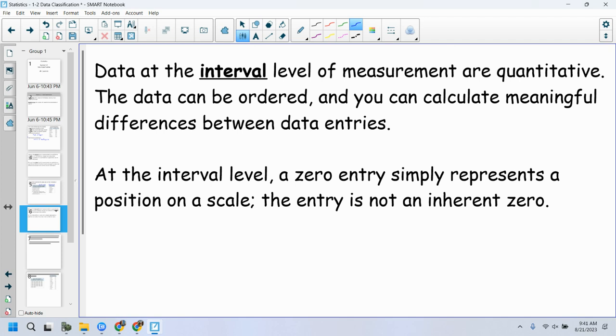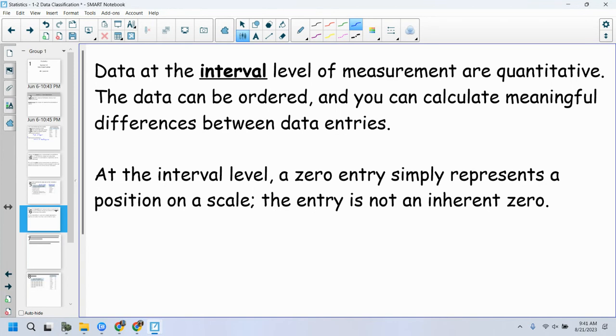It's on a scale. I could go above it, I could go below it. Doesn't really mean anything if I go above it or below it. It's just a zero on a scale. I like to think the best representations I can get for that are time and temperature. At the interval level, a zero is simply a position on a scale. It's not saying zero of that thing, right?